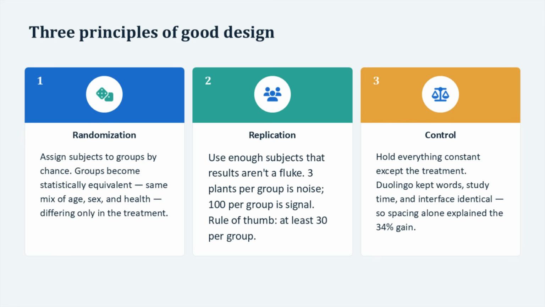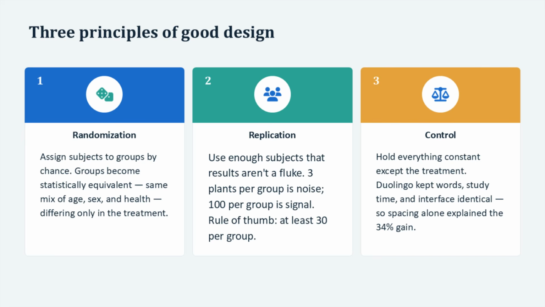Now, suppose the spaced practice group remembers 34% more. Because the researchers controlled the other important conditions, they have much stronger evidence that the spacing itself produced the difference. So remember these three principles: randomization, replication, and control.